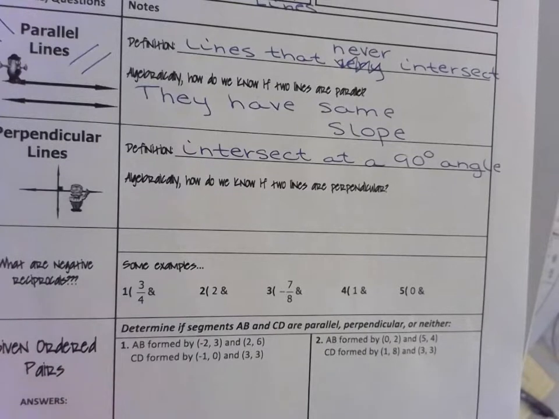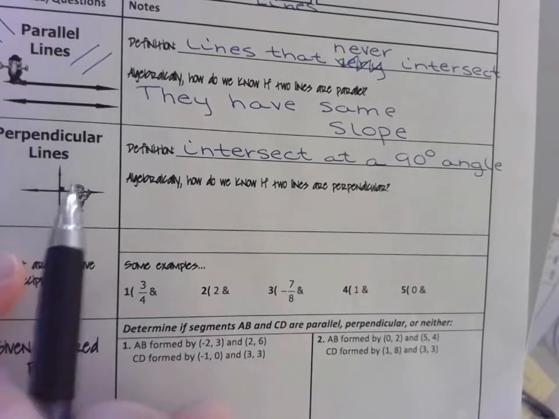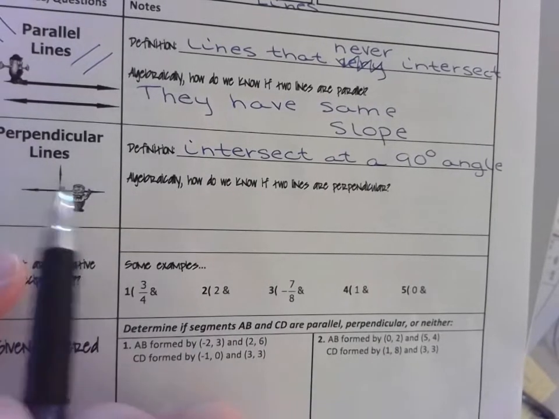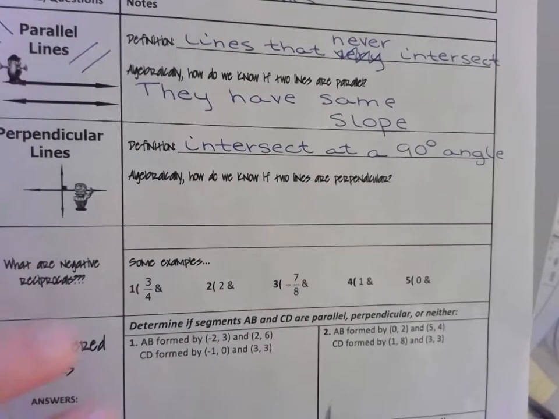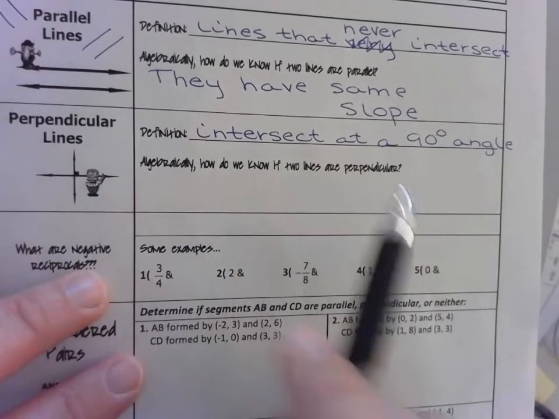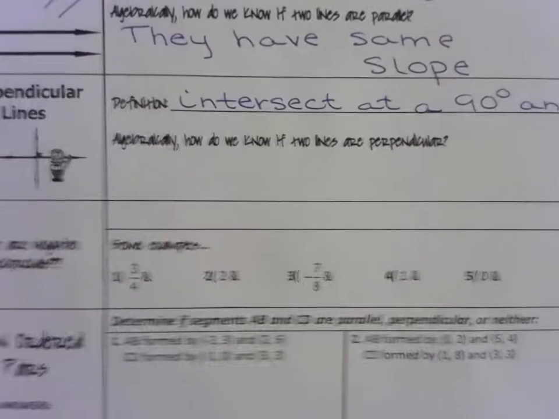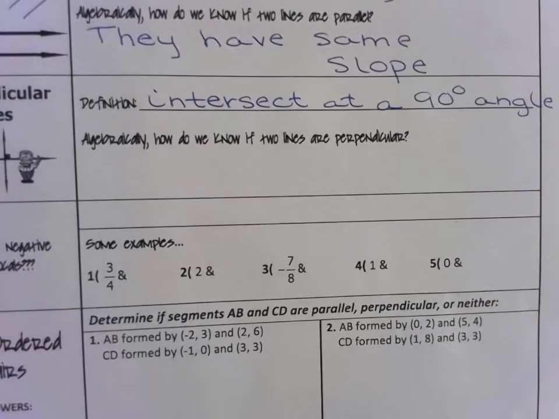Is it always a 90-degree angle? For this class, yes. As you get into other math, like geometry, it might have a little different definition. But for most part, yes. Perpendicular lines, for basic definition, are always going to be a 90-degree angle. Okay, now, this is going to look a little differently. Are perpendicular lines going to have the same slope? No, because they intersect.